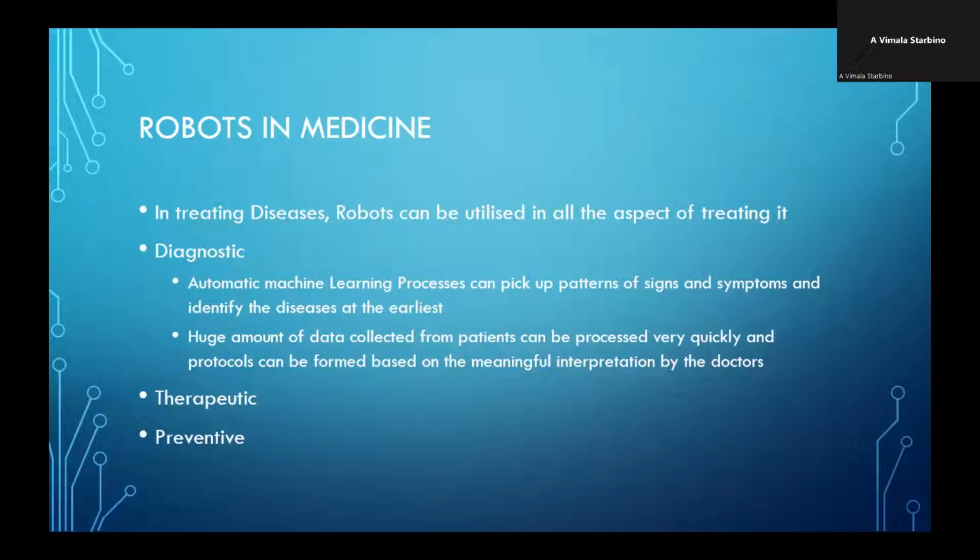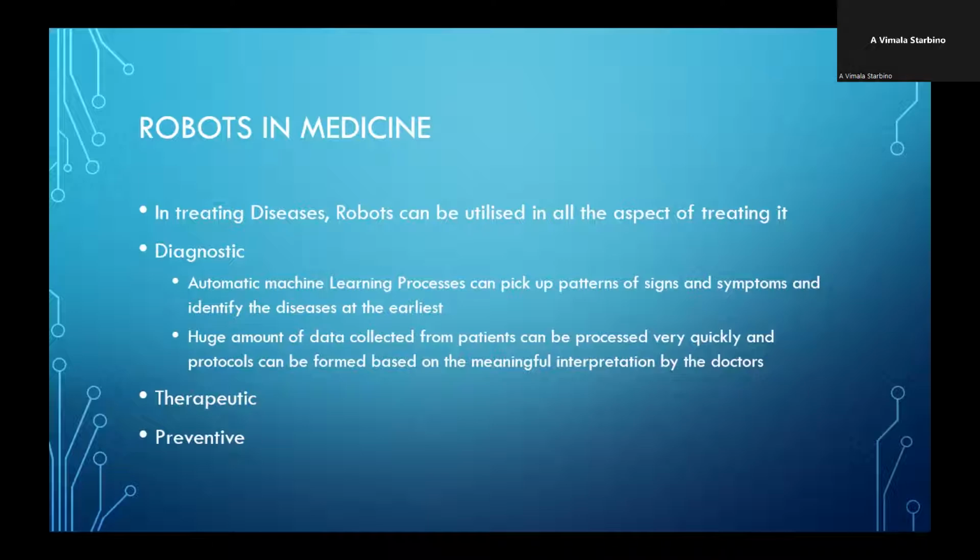This can expedite the diagnostic process so that treatment can be started at the earliest, and we can segregate those patients who are at risk of spreading the disease to other people in the community.